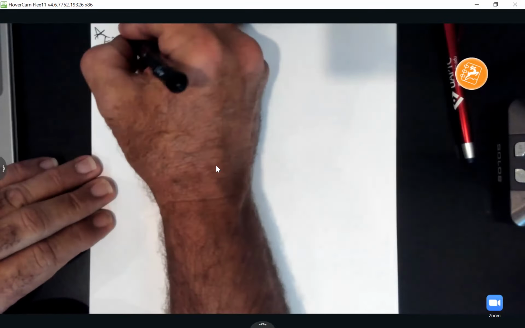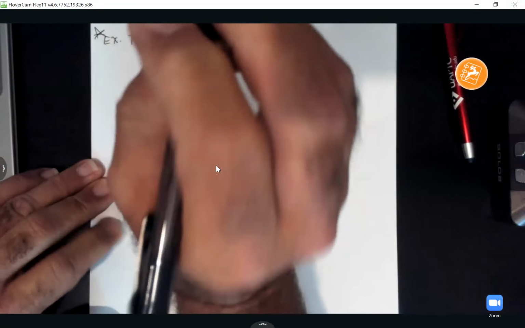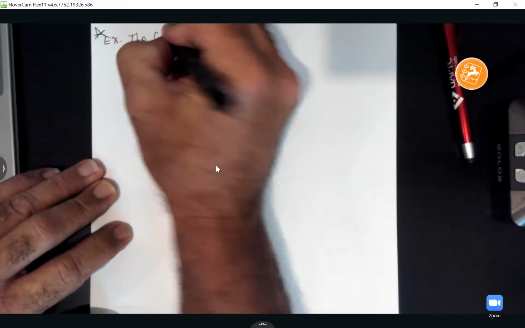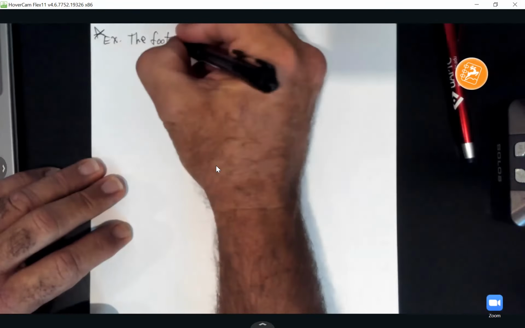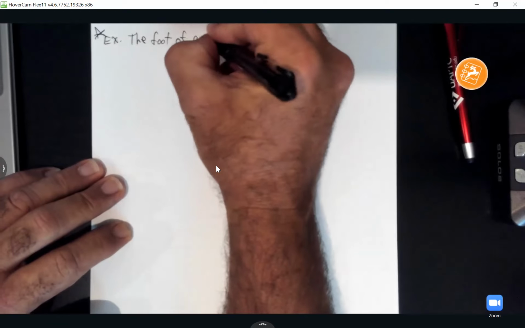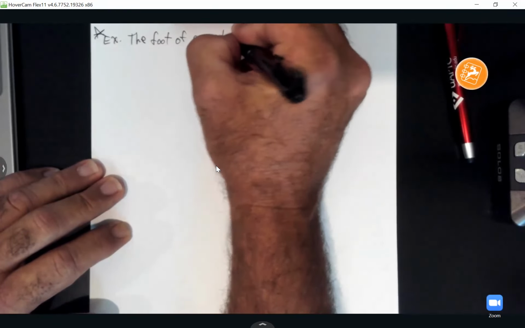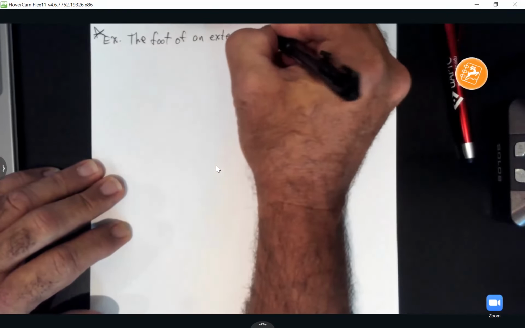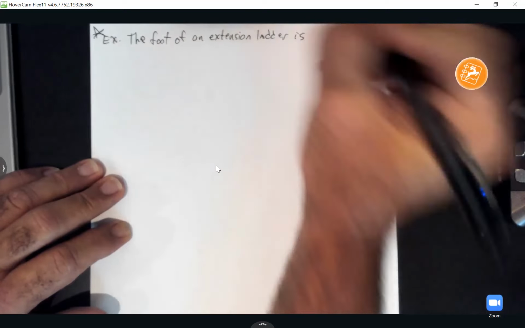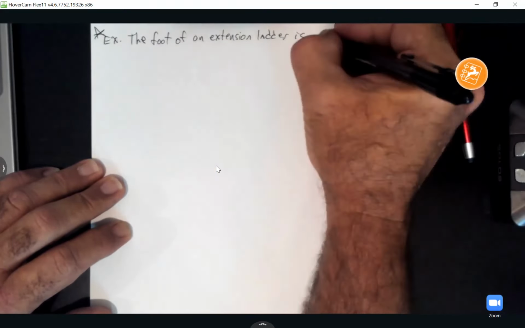So another word problem. It says the foot of an extension ladder is 7 foot from a wall.